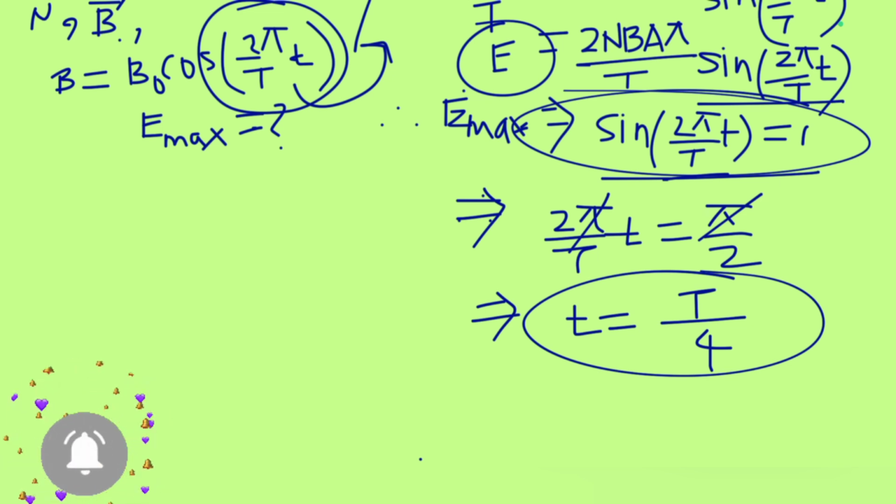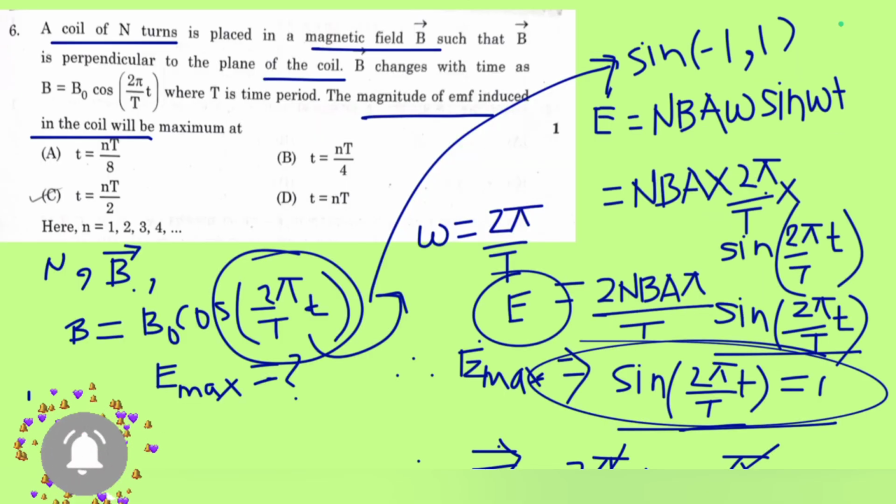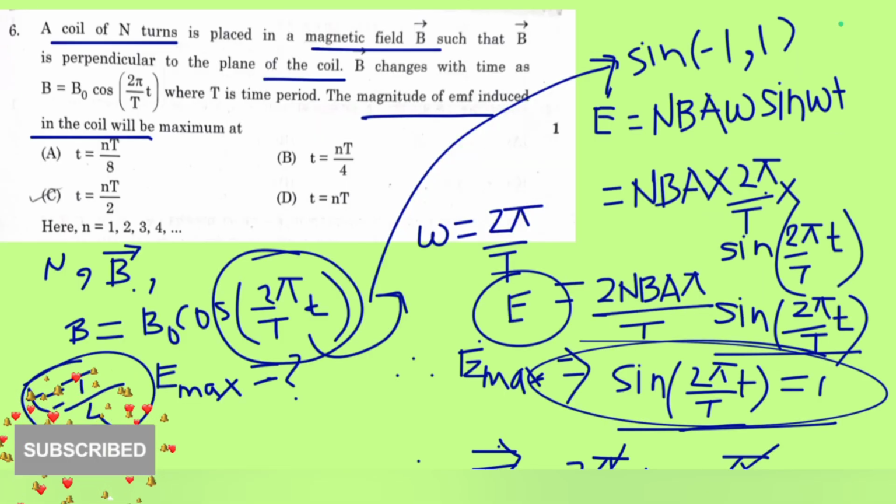Now there is one integral value given in the option, so we will check the options. What we have got is t upon 4, but basically this option is not given anywhere. Now we have to apply the integral values 1, 2, 3, 4. Because we are not getting the same answer as in the options, we can add the n.